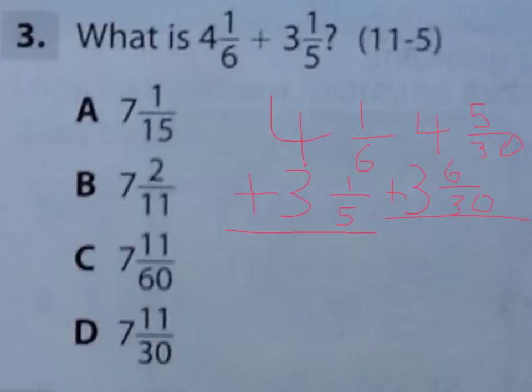Alright, now you can add. 4 5/30 plus 3 6/30 is 7 11/30. Because that's already simplified, you don't have to simplify. So your answer is D.